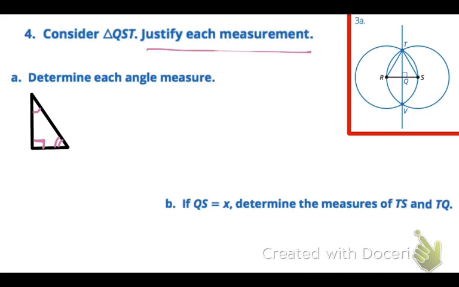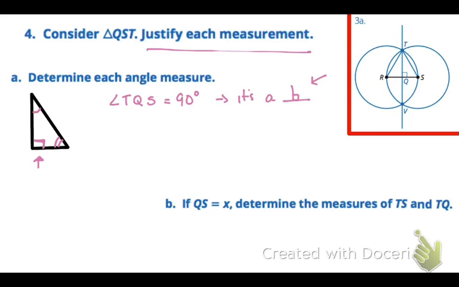So for example, this one here, we know that angle TQS is equal to 90 degrees because we had a perpendicular bisector created. So my reason being is, it's a perpendicular bisector. That's what that sign means right here. So it's a perpendicular bisector.